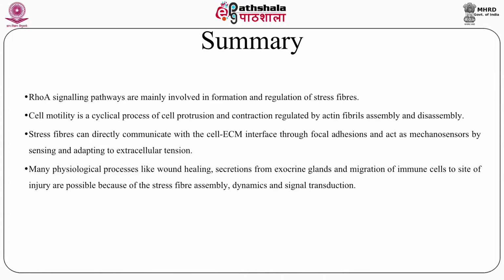Many physiological processes like wound healing, secretions from exocrine glands and migration of immune cells to the site of injury are possible because of stress fiber assembly, dynamics and signal transduction.